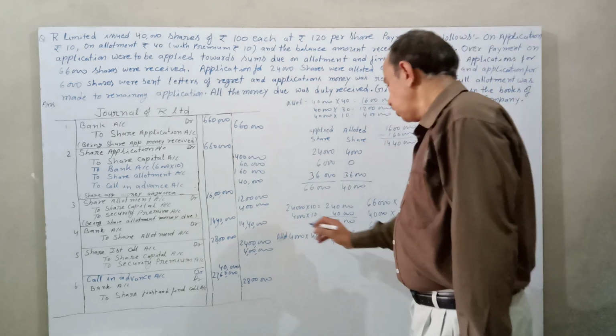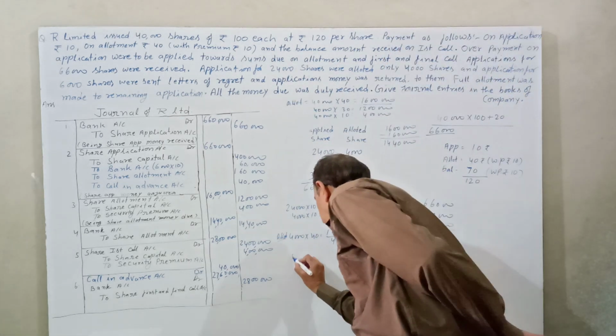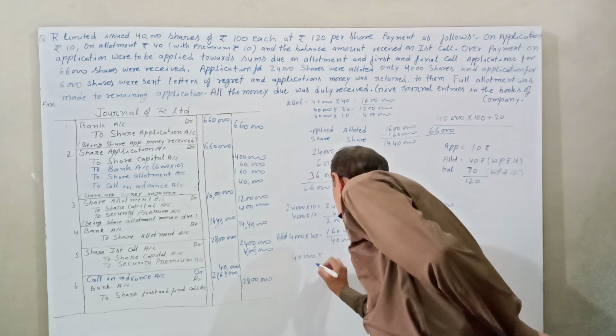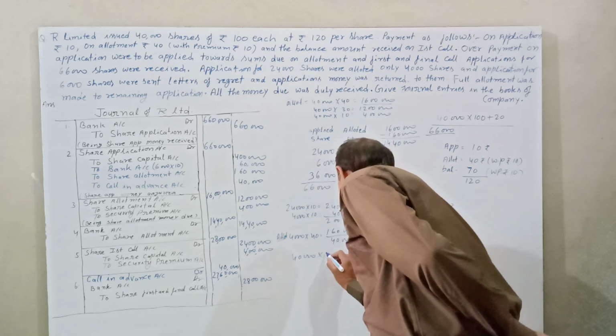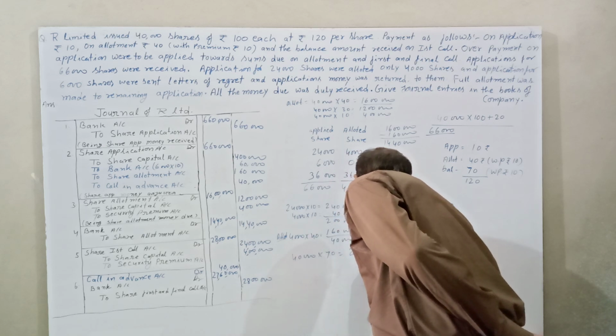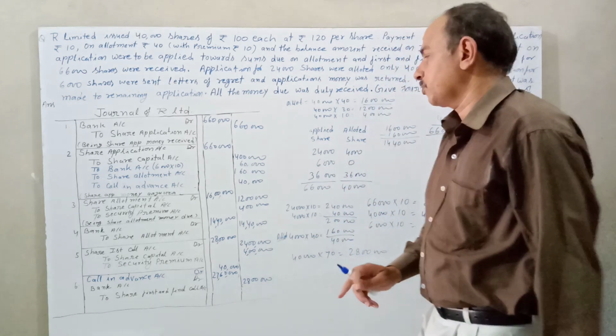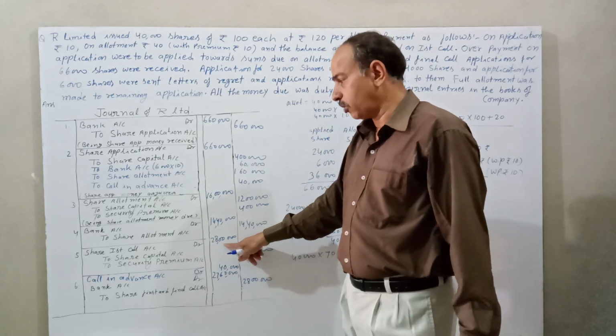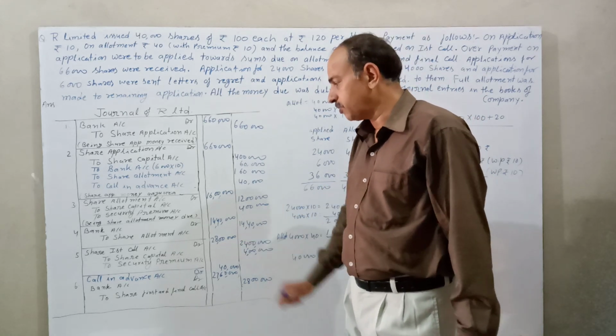So we make the first call entry: 40,000 multiplied by 70 is 28 lakh rupees called by the company from the shareholders on the first call.